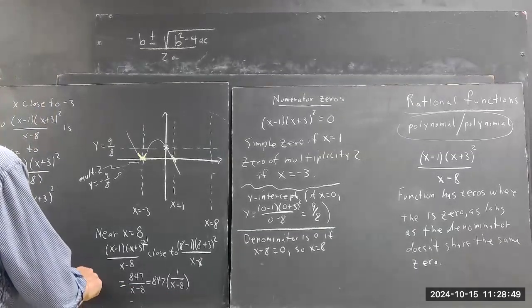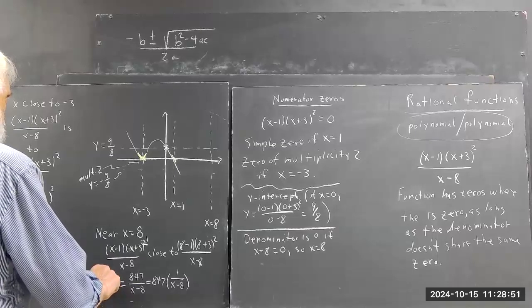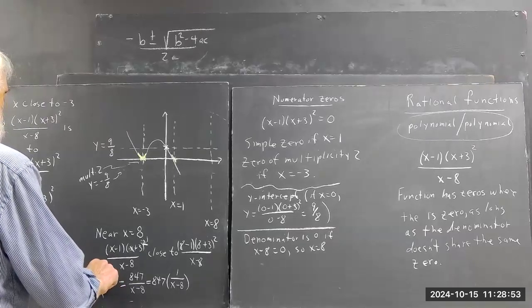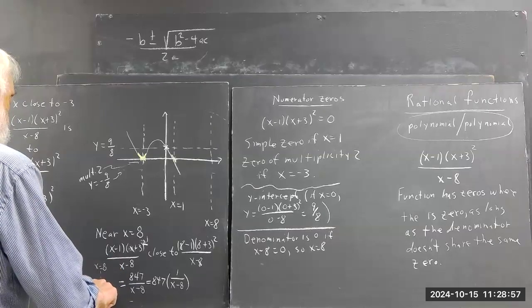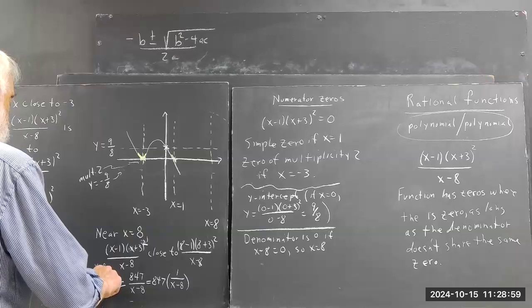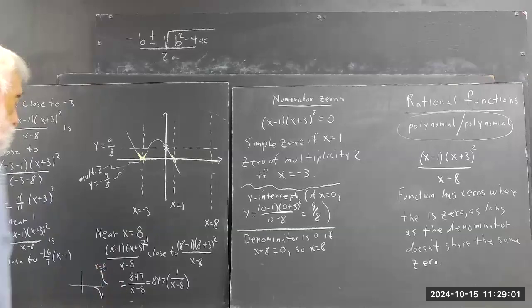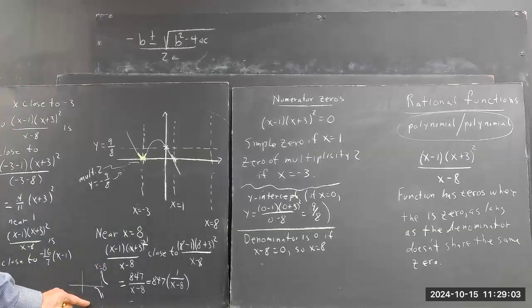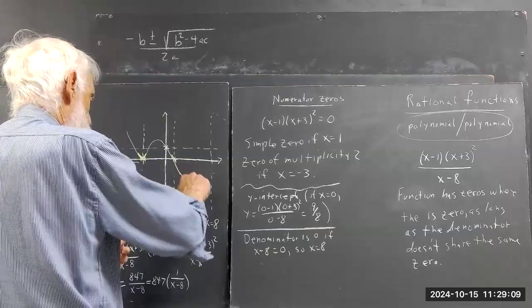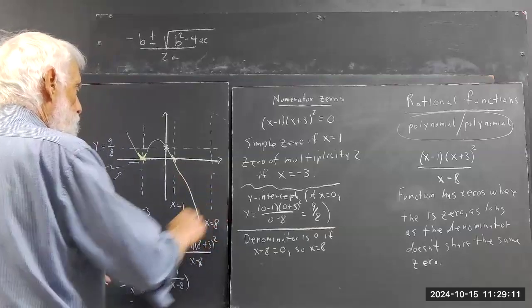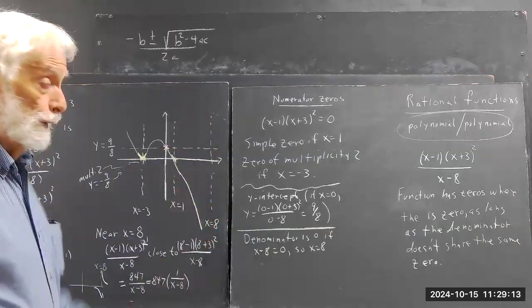Well, this function looks something like this. It comes down from here, just like the reciprocal function. So this thing just takes a dive down here, and it's going to be an asymptote to x equals 8.